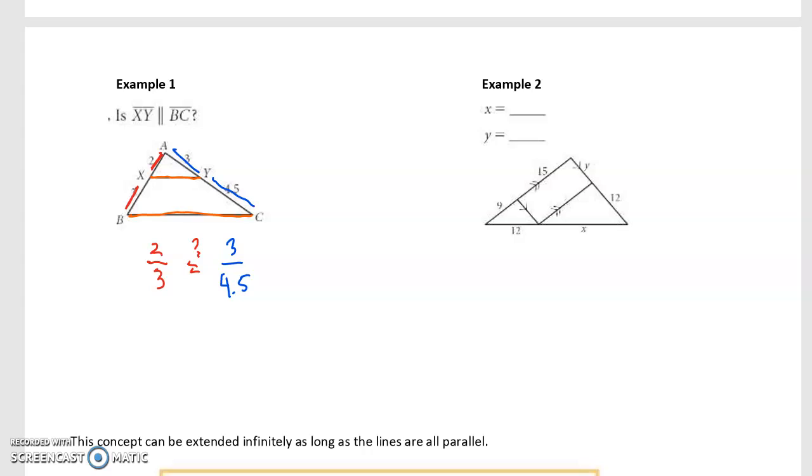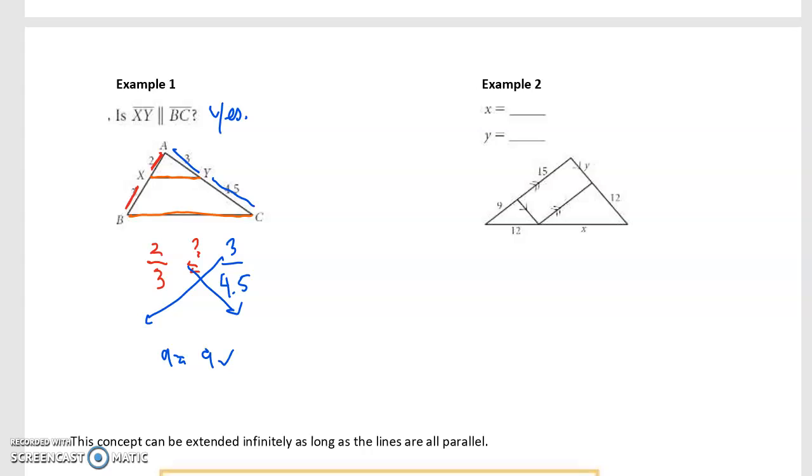Again, top part over bottom part equals top part over bottom part. To double check this, we cross multiply. If the products are equal, 9 equals 9, then they're in proportion, which means in this case the lines are parallel. So yes.